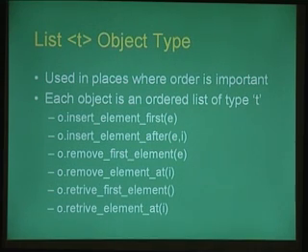Again, like set and bag, we have the list object type, where unlike set and bag, a list is not just a collection of different objects, it's an ordered collection of different objects. That means the ordering between objects is also important. So you can insert an object at the head of a list, or you can insert at the tail of a list.